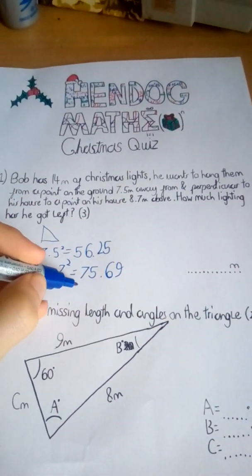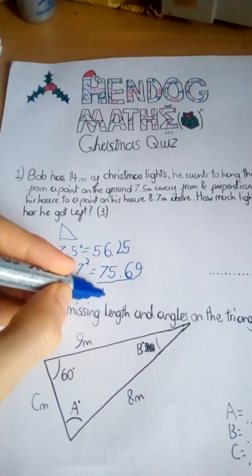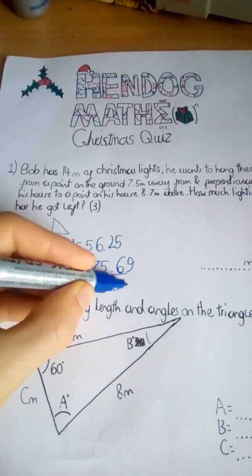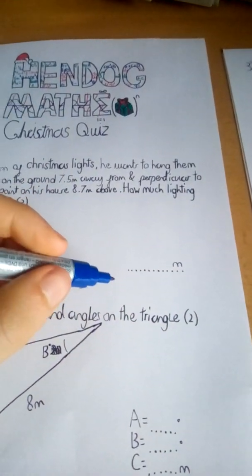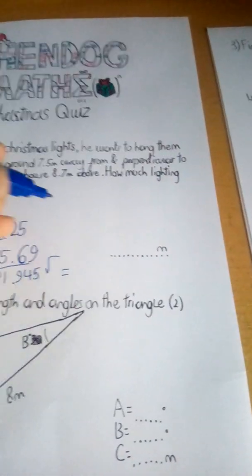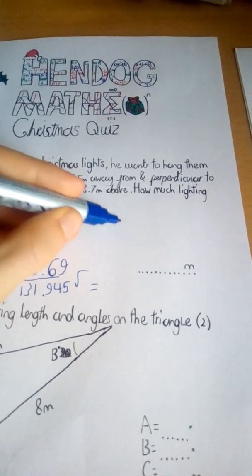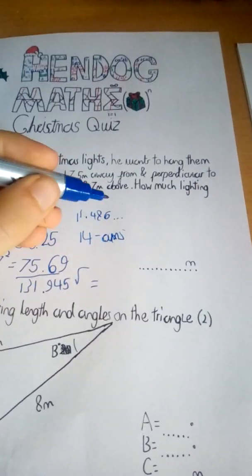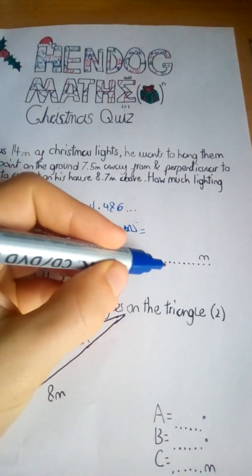Okay, so if we just add them together, I get 131.945. Go to square root that, I will get my answer 11.486. So if we do 14 minus my answer, I will get my final answer as 2.51 meters.